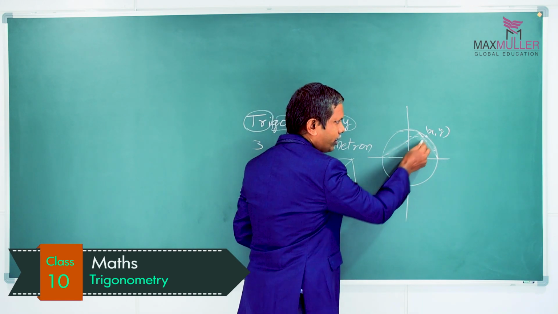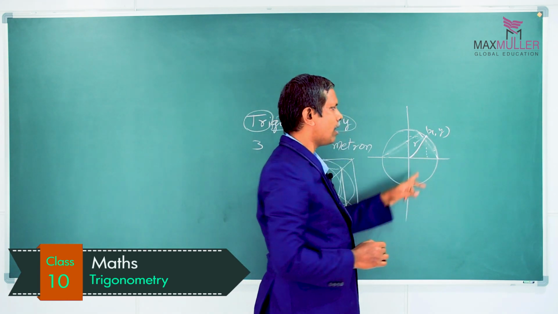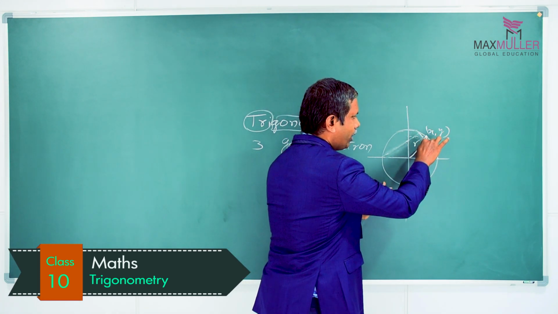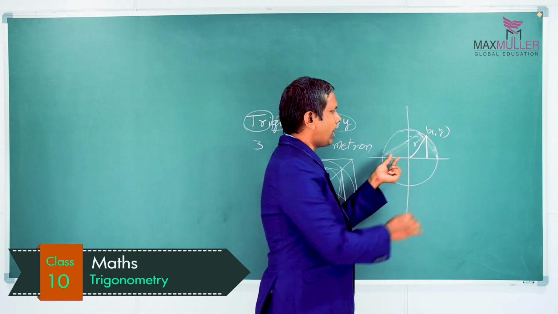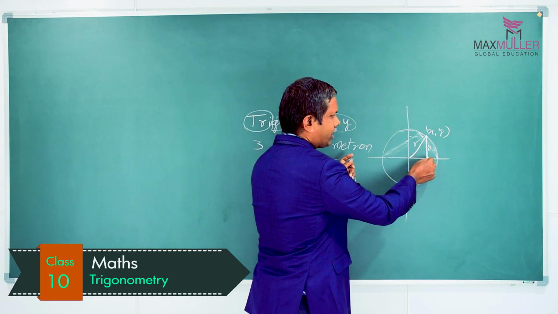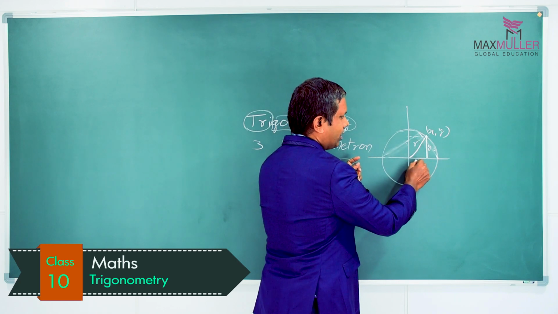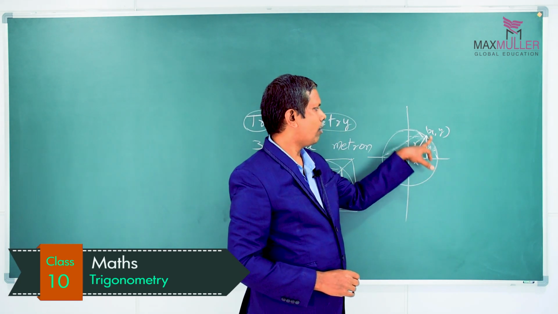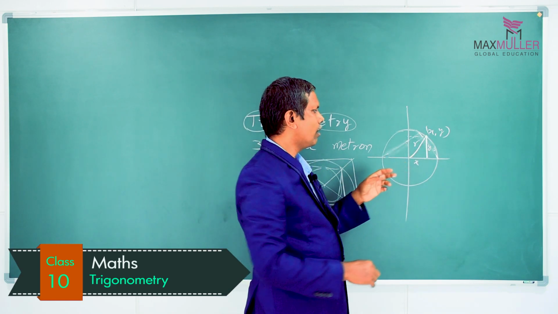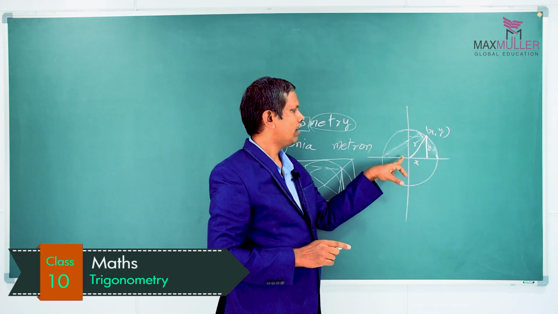If we join the origin to this point, this is known as the radius of the circle. The distance from the point to the x-axis is the value of y, and the distance from the point to the y-axis is the value of x. Now in this quarter, we are taking one triangle, and finally we concluded this.